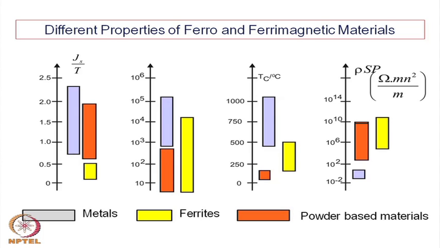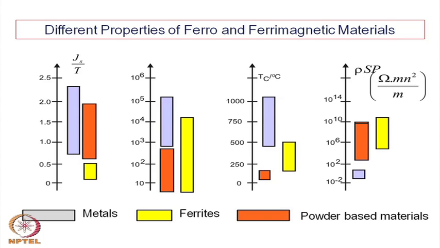Not only that, you can make miniaturized transformers, what we sometimes call pot cores, and so the total size becomes very small. So, this is one of the properties which has to be controlled while preparing the ferrites.